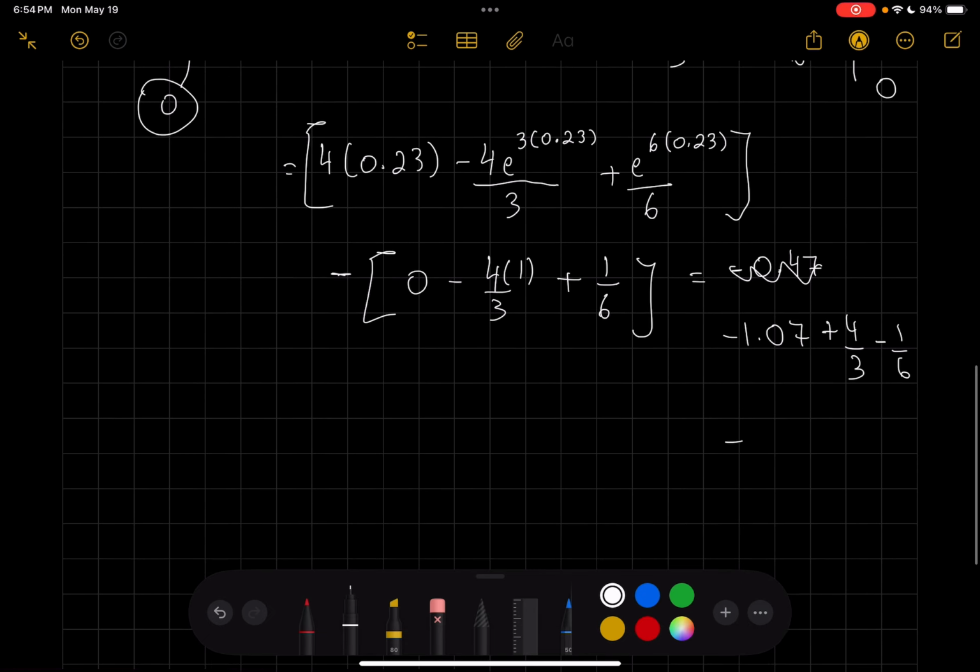So it's going to be minus 1.07 plus 1.33. And then 1 over 6 is going to be 0.16, so minus 0.16. So if you combine all of that together, minus 1.07 plus 1.33 minus 0.16, it's going to be 0.1.